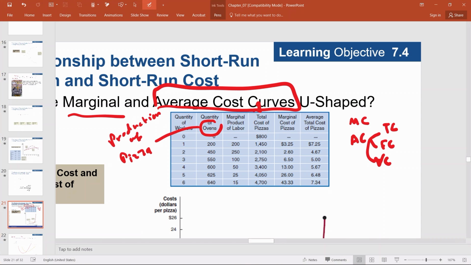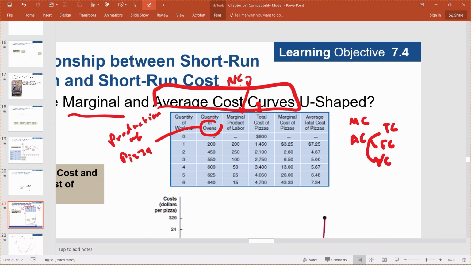So first, this is marginal cost here. You go from one level to another and take the difference. So 200 minus 0 is 200. 450 minus 200 is 250. 550 minus 450 is 100, and so on and so forth.